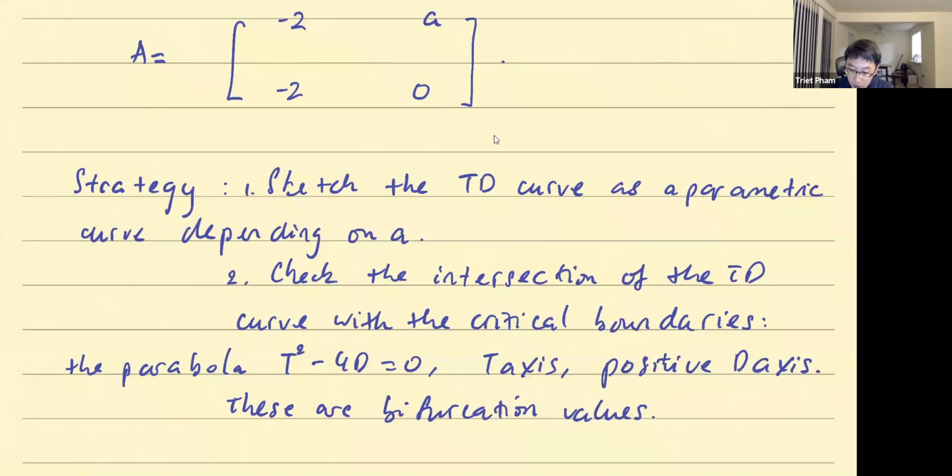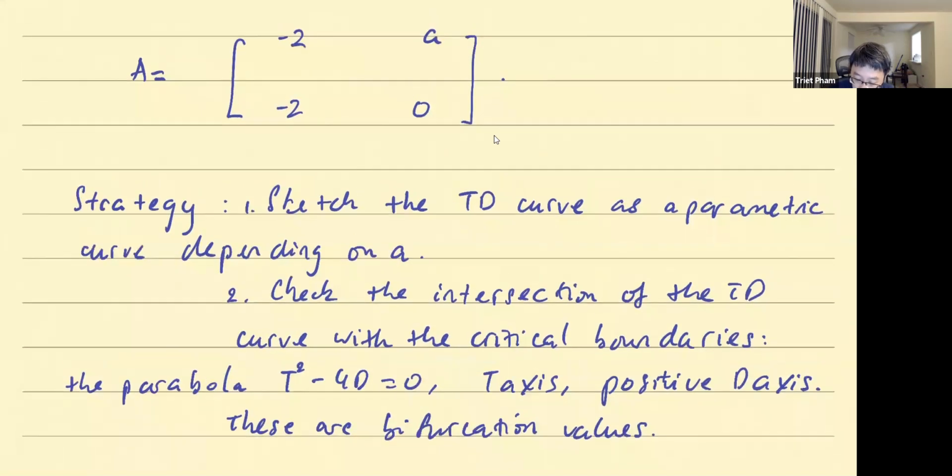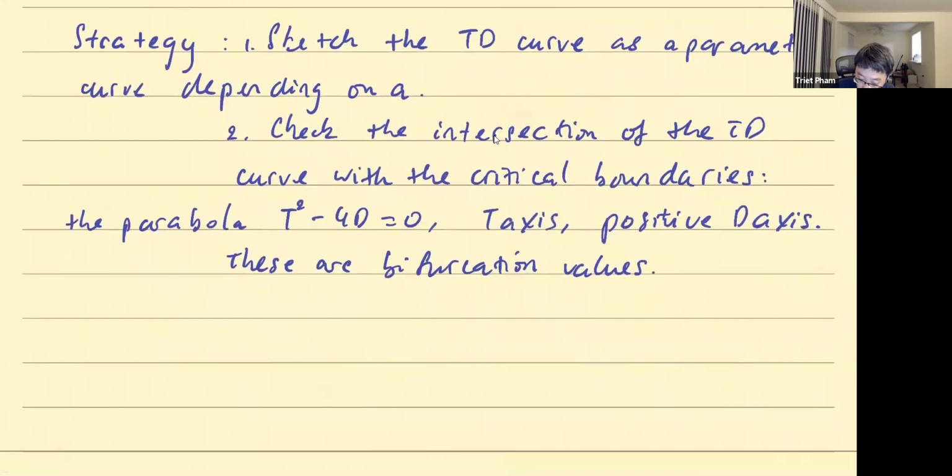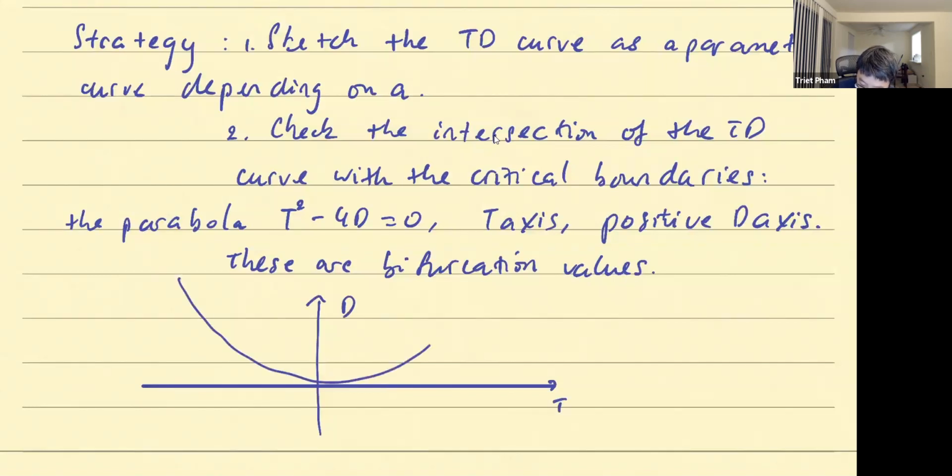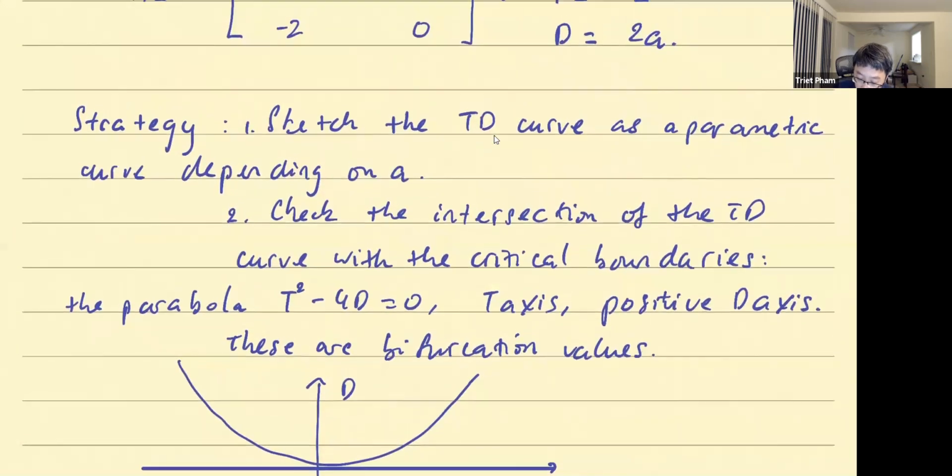All right. For example here, for A, what is T? T is -2. What's D? D is 2A. So what's the TD curve for this guy? Maybe I should draw it a little bit lower. This is the critical region, sorry, these are the boundaries.